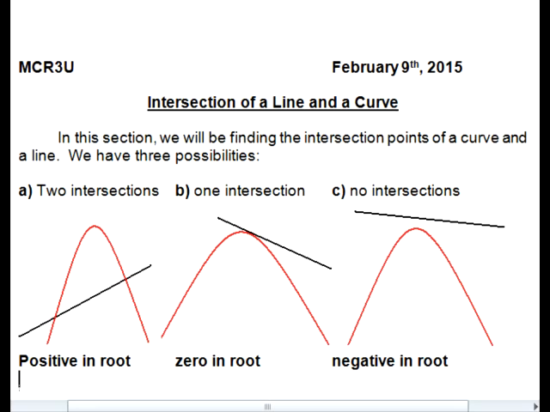When I say the root, I mean quad formula, b squared minus 4ac. If b squared minus 4ac is a positive number, it's going to look something like this with two answers. If b squared minus 4ac is equal to 0, it's going to look something like this. If b squared minus 4ac is a negative, it's going to look something like this.